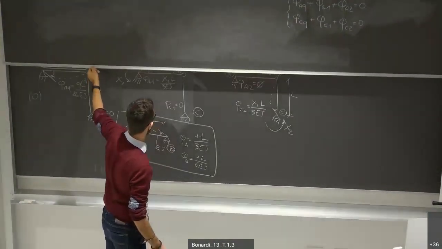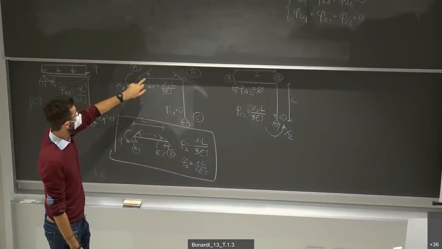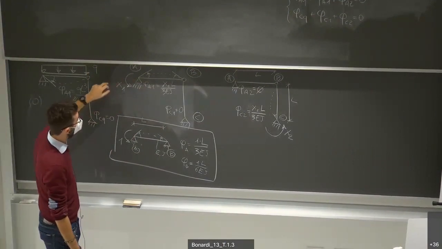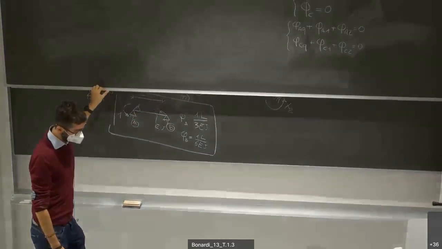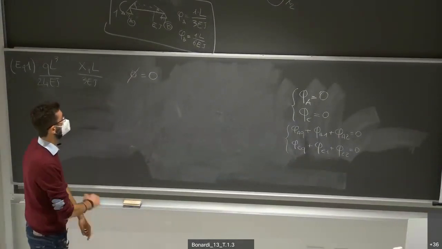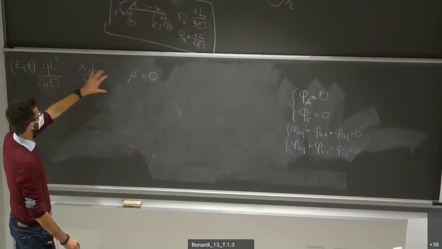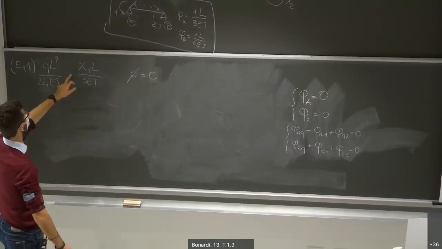So we'll assume that all the rotations in the counterclockwise direction are positive. But you can choose also the other direction, you only have to be consistent when you write each equation. So in the equation, this was that.